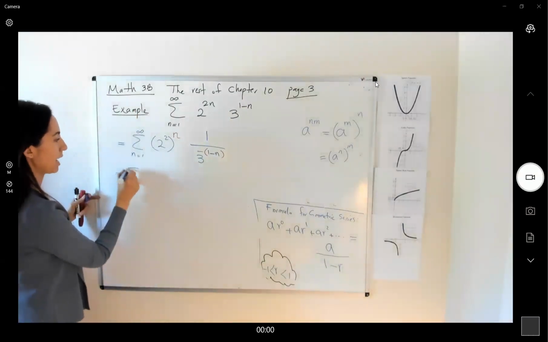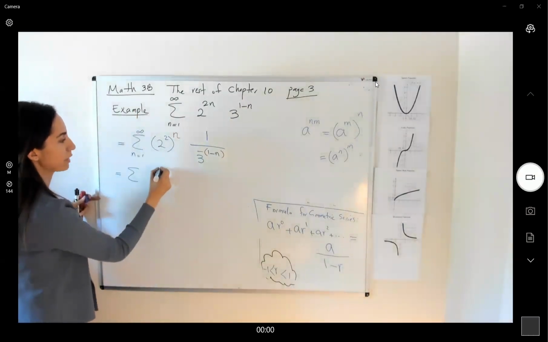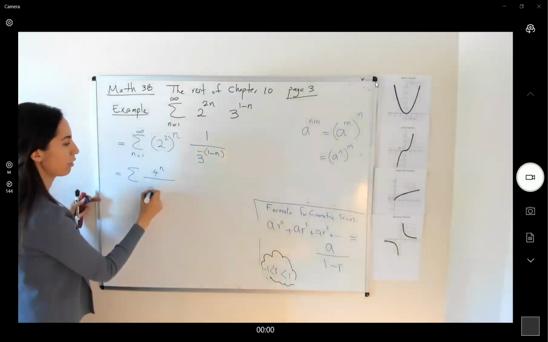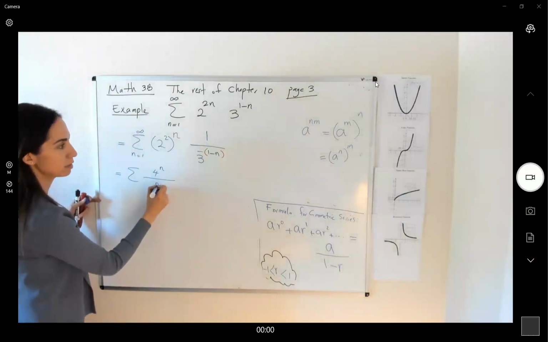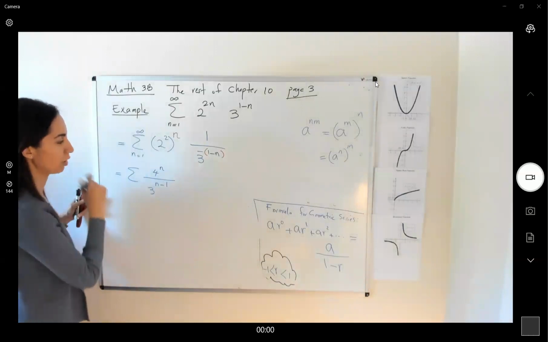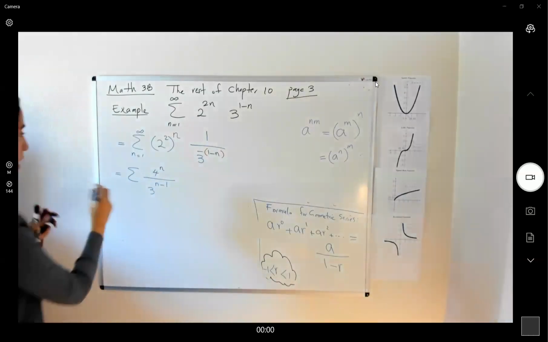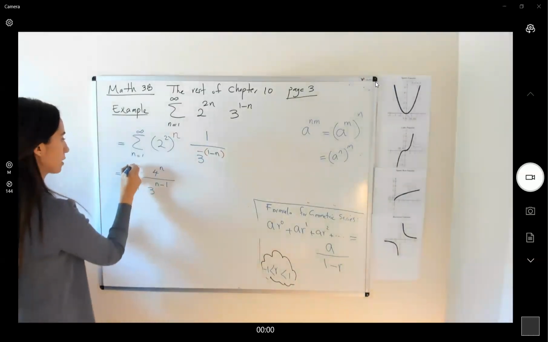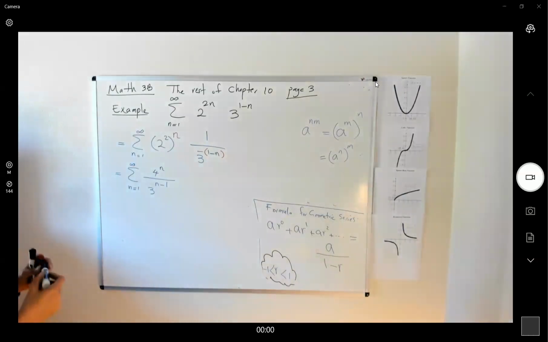So far I have 4 raised to n divided by 3 raised to n minus 1. N starts from 1 and goes to infinity.